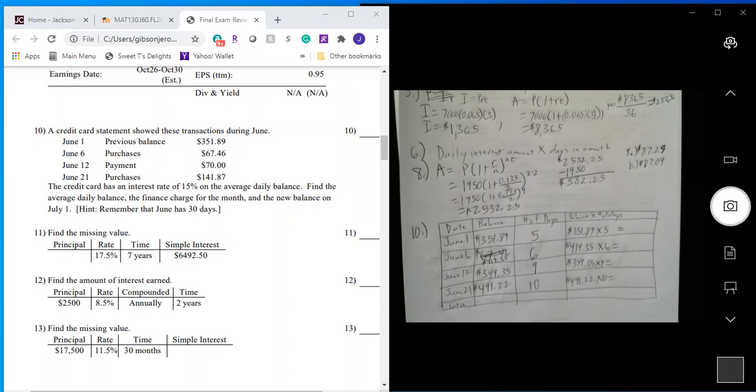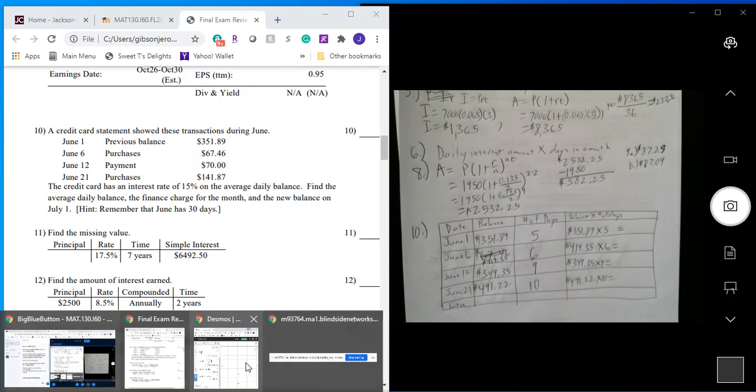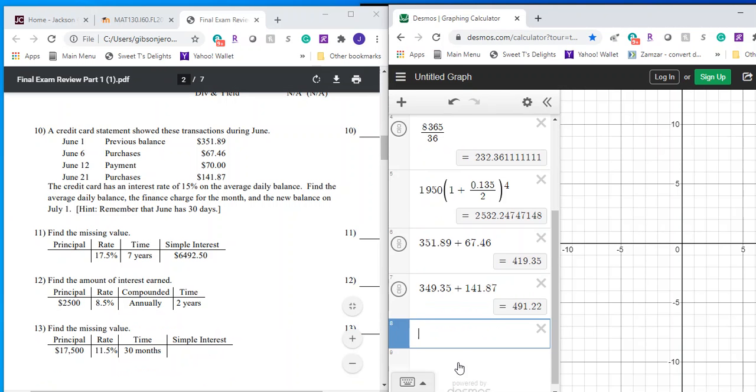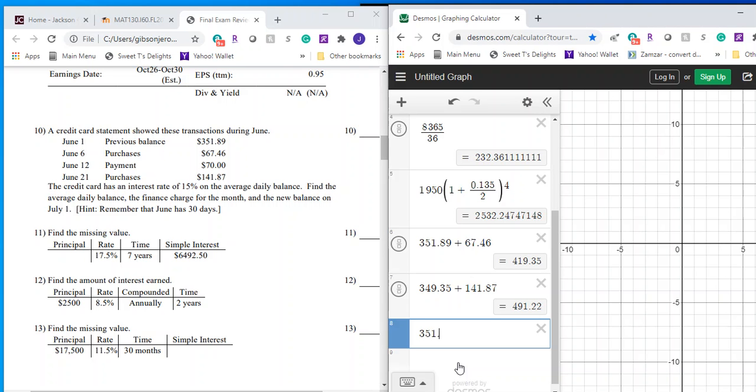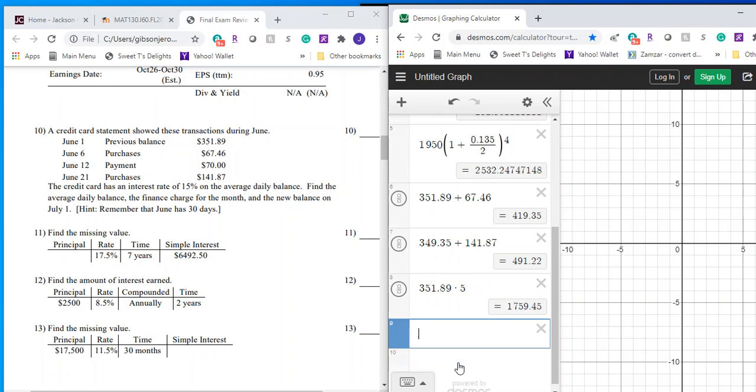So let me take this calculator and do some multiplication. 351.89 times 5 will give us $1,759.45. Then we would do the $419.35 times 6, which would give us $2,516.10.